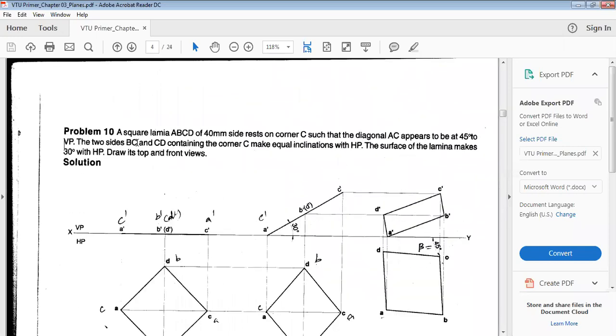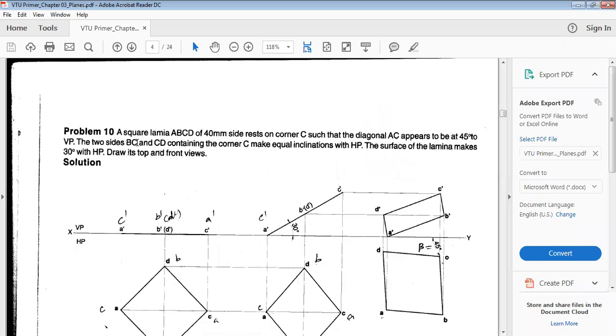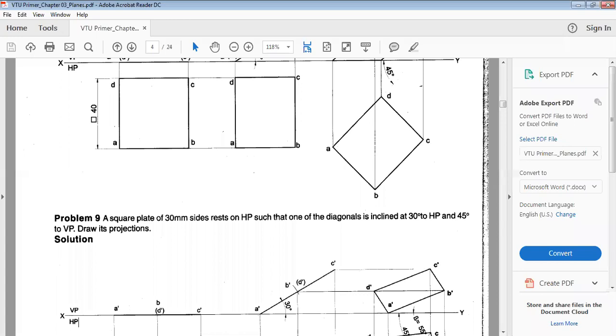So you have to place it in such a way that you get the diagonal. For example, this A and C is your diagonal, A dash and C dash. Hope you are getting the point. So you have to place the initial position in such a way that you get the diagonal. In one of the problems, it is not given. Hope you have checked this.